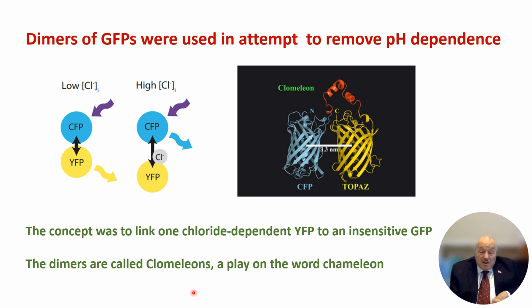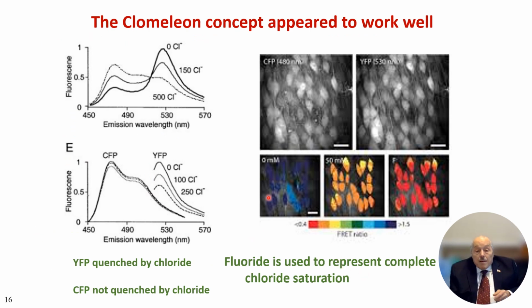These dimers are called, here we go with trying to pronounce the word again, chlomylions, which was a play on the word chameleons, which do change color. These seem to work quite well. When you hook the two together, or if you looked at one alone, you would see that the YFP version would be sensitive to chloride.